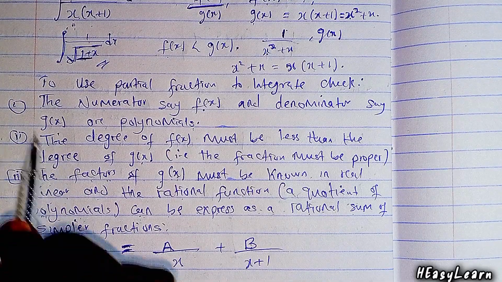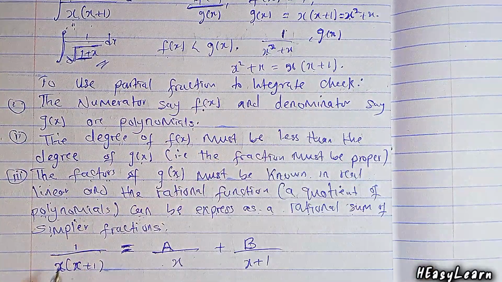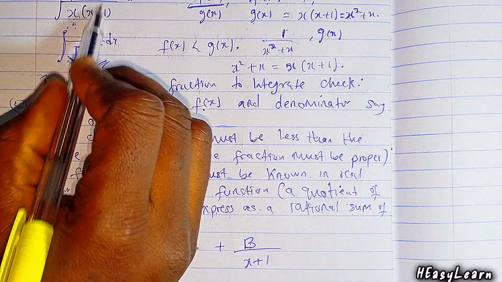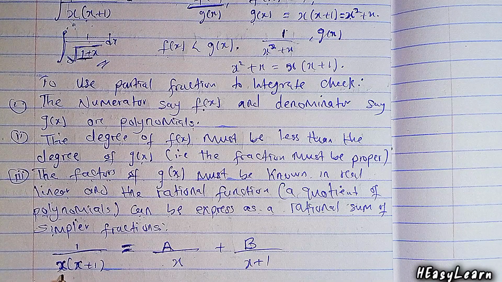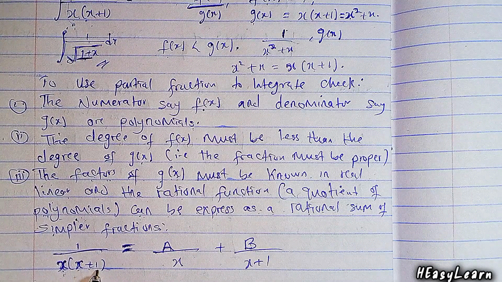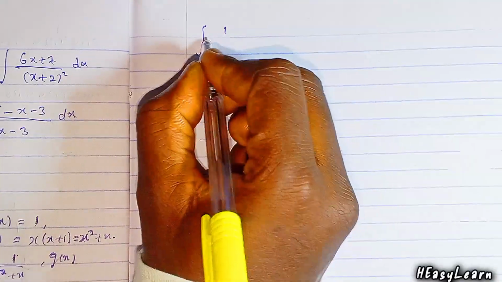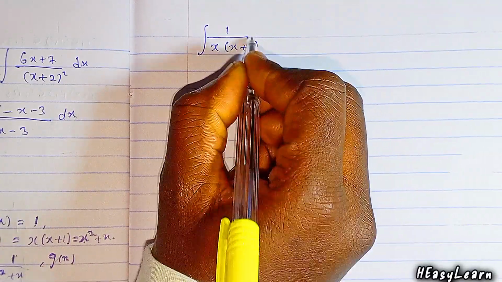So since all three conditions to use partial fractions to integrate are satisfied, we can go ahead and use the partial fraction method to find the integral of 1 over x plus 1 times x. So from above, what is this integral of 1 over x plus 1 dx?